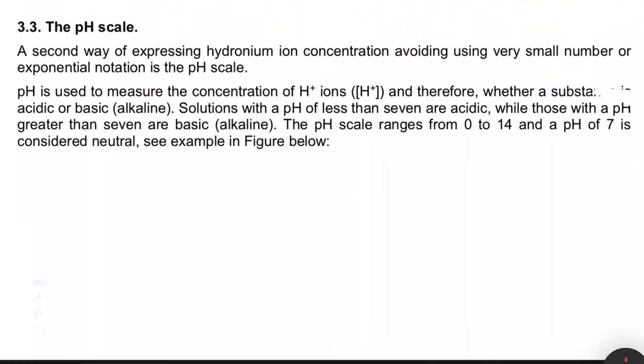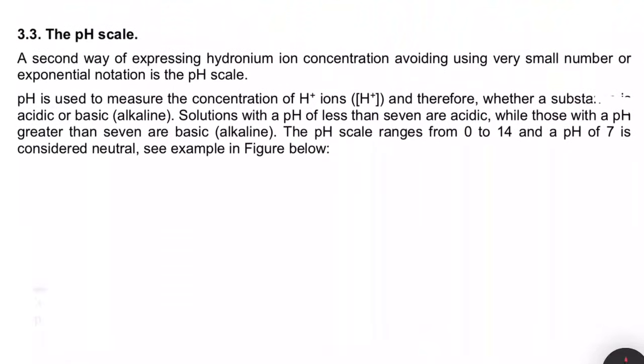A secondary way of expressing hydrogen ion concentration, avoiding very small numbers in exponential notation, is the pH scale. So the pH scale is just there to express the concentration of hydronium ion without using very small numbers. pH is used to measure the concentration of H+ and therefore whether a substance is acidic or basic.